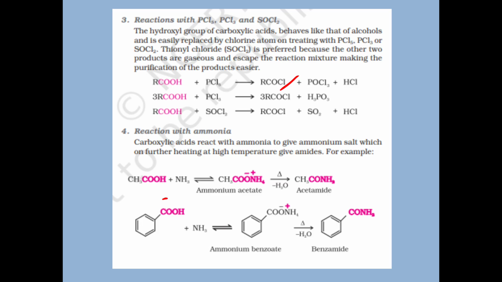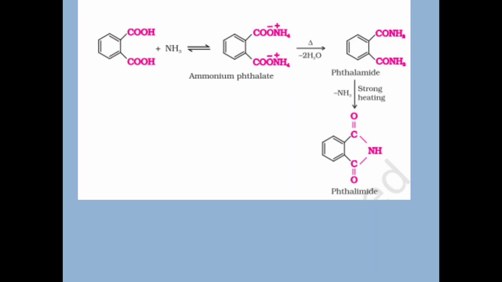With ammonia, it will first form ammonium acetate as a salt, then after heating it will form acetamide, and after further heating in presence of P2O5, acetamide will give acetonitrile, CH3CN. Same as well as benzamide can be formed.